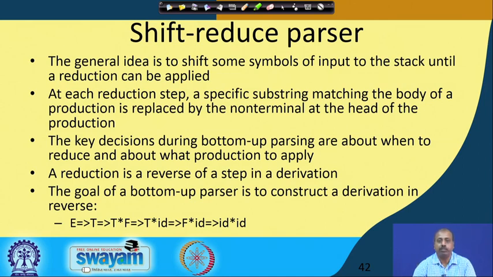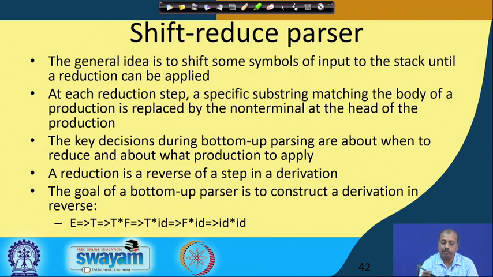So, we go on shifting some input symbols onto the stack, and then try to replace some part of the stack by applying some reduction. In each reduction step, a specific substring matching the body of a production is replaced by the non-terminal at the left hand side of the production.